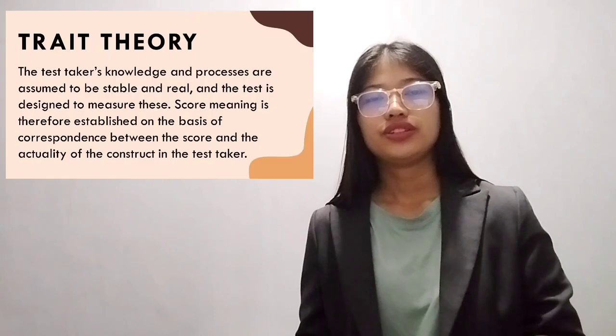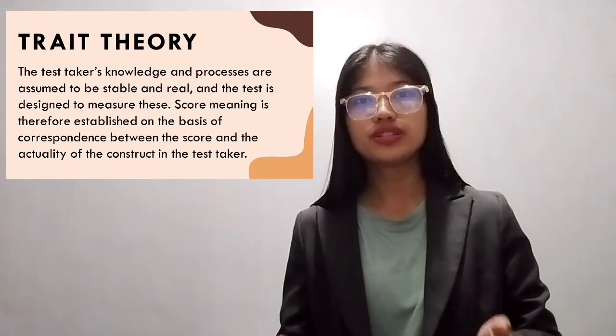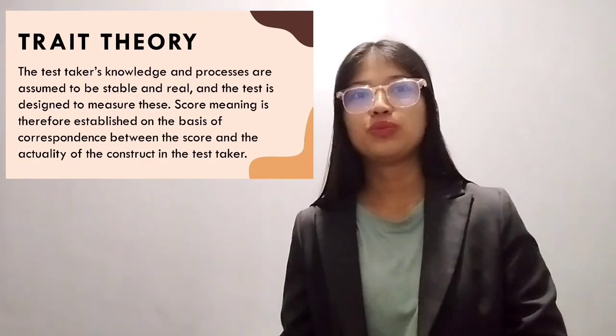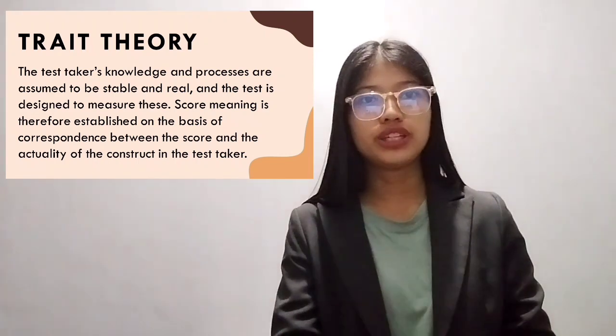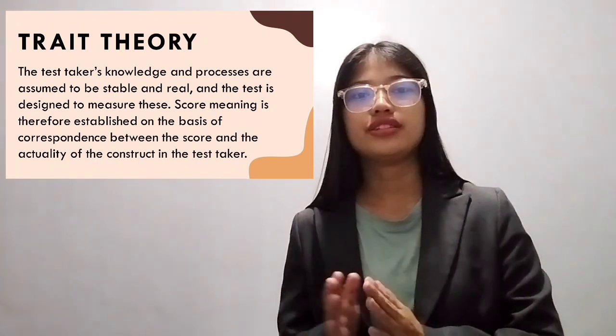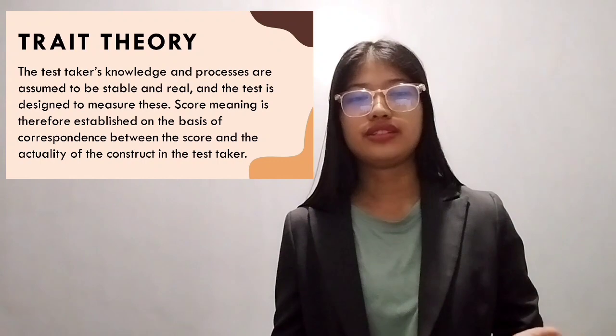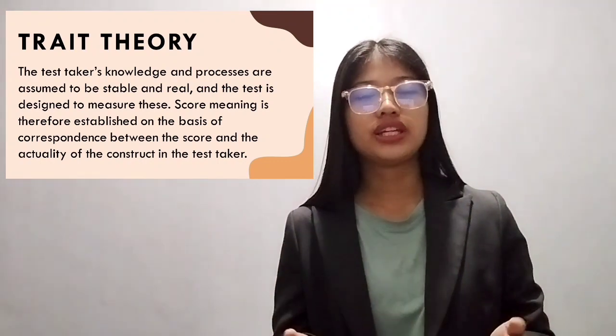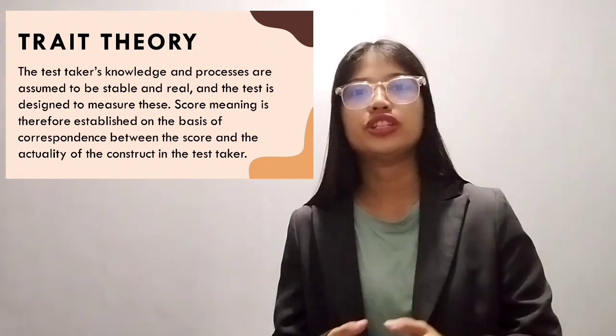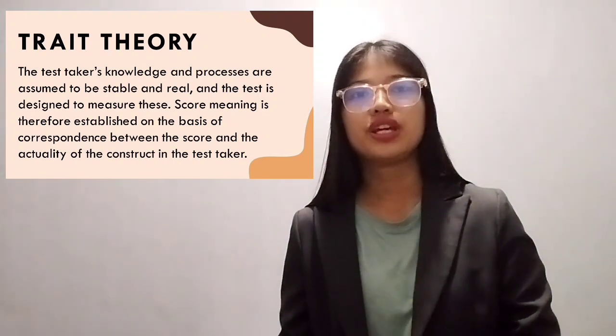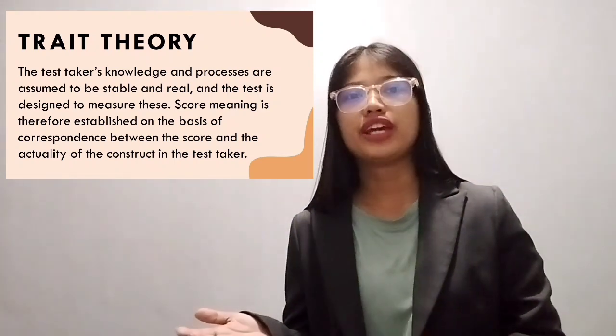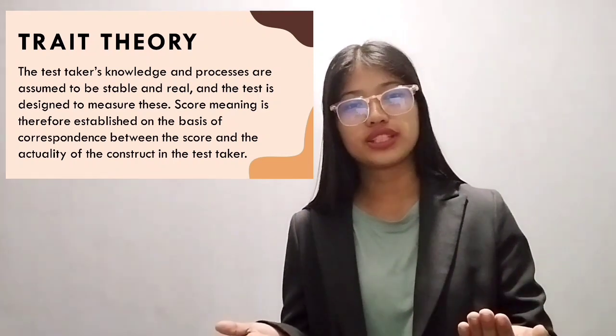Here, the test taker's knowledge and processes are assumed to be stable and real, and the test is designed to measure these. Score meaning is therefore established on the basis of the correspondence between the score and the actuality of the construct in the test taker.